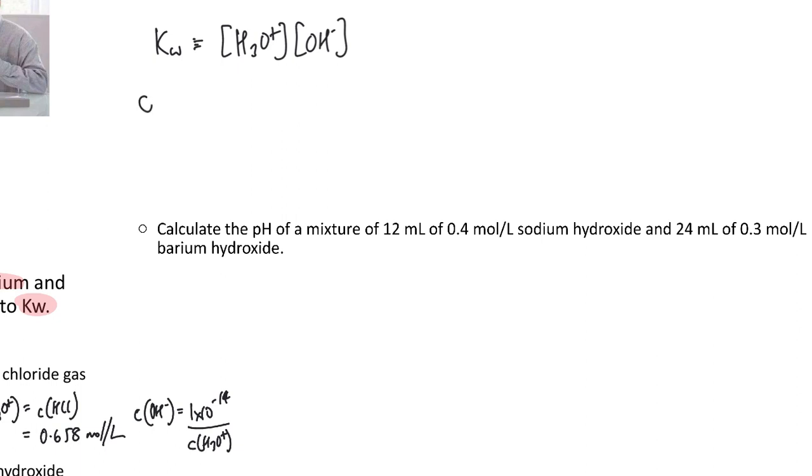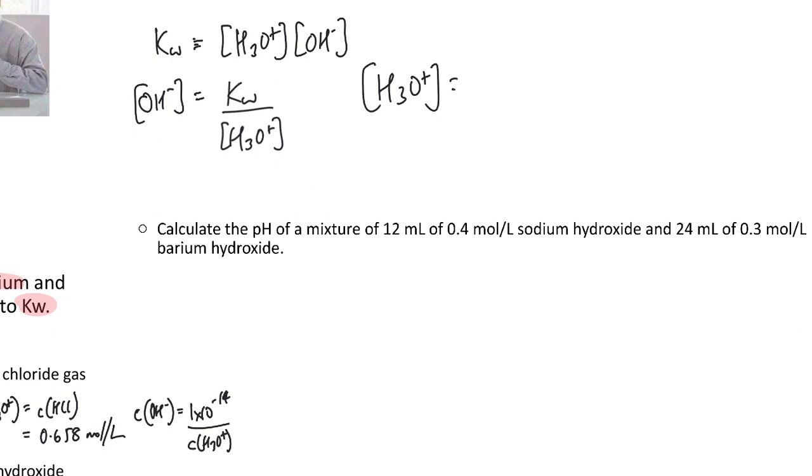To get OH minus, we bring the H3O plus to the other side, so it would be Kw over H3O plus. Alternatively, H3O plus is equal to Kw over the OH minus concentration.